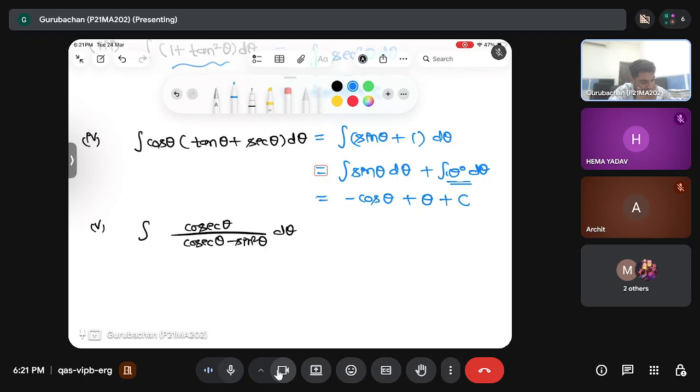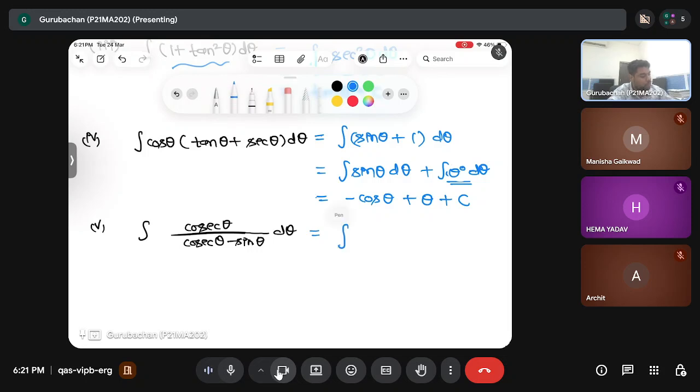So now let us move to this one. There is a little typo. This will be sine theta rather than sine square theta. Now let's first try this one. In the numerator you have cosec theta. In the denominator you again have cosec theta.